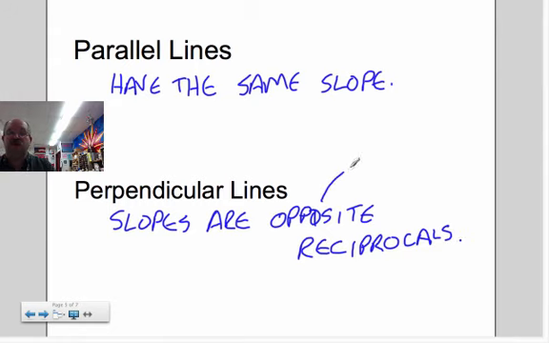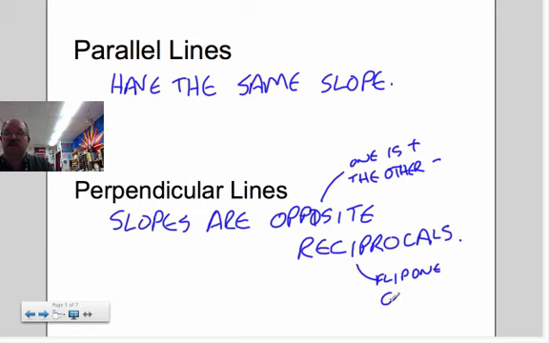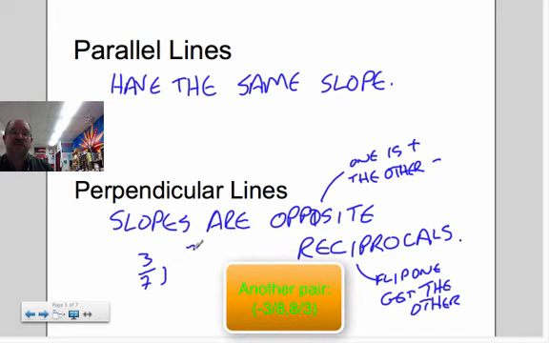Opposite means one is positive, the other's negative. Reciprocals means flip one, get the other. Examples again, we'll throw another one out there. The slope of one line is 3/7, the perpendicular line, well, we're going to flip it, 7/3, and change the sign. Got a positive and a negative. These two lines would be perpendicular to each other.